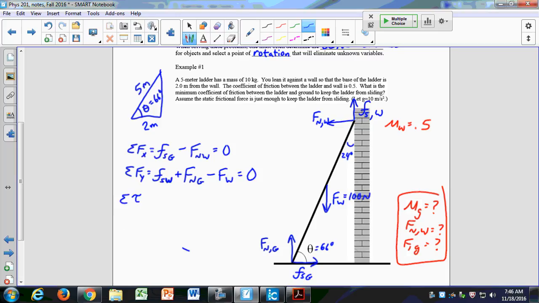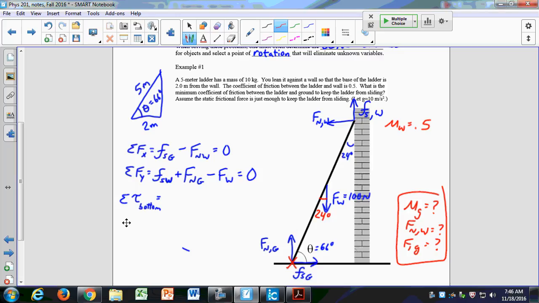Sum of the torques with our axis of rotation at the bottom. So we're taking our axis of rotation for this first one to be right here, and then we write our torques. Now we need to know some angles here. This angle is 24 degrees because they're similar triangles.